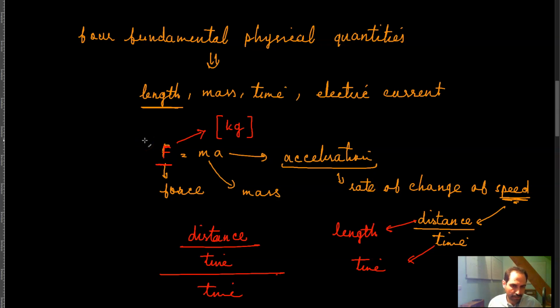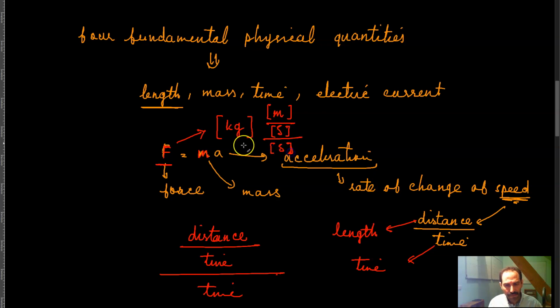In the SI system of units, the unit for mass is kilogram. The unit for distance is meter. The unit for time is second.